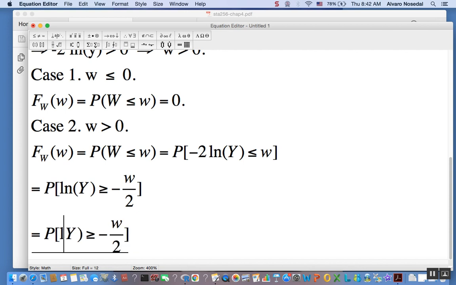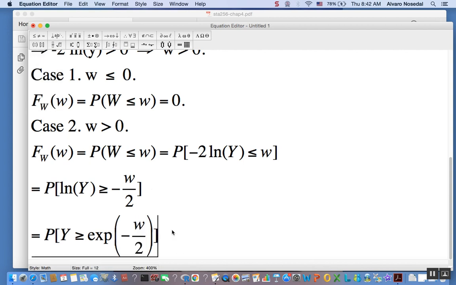So I apply e on both sides, and then what I have on this side, I could write down like that. That's one way of expressing it. An equivalent way of writing that down would be this: the probability that Y is greater or equal to e to the negative w divided by 2.